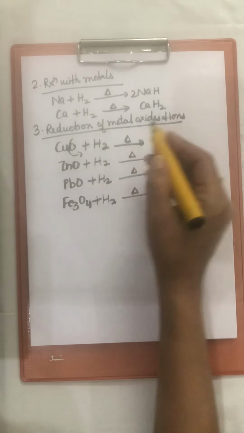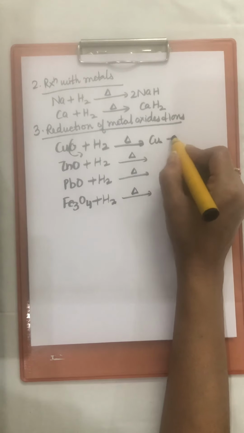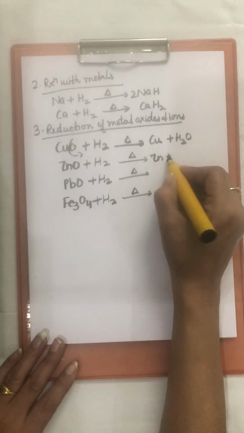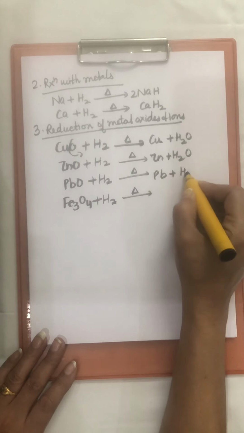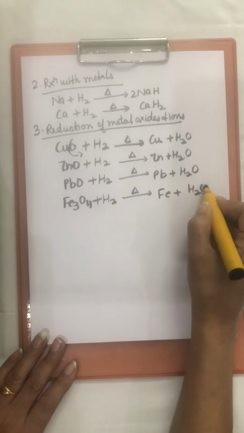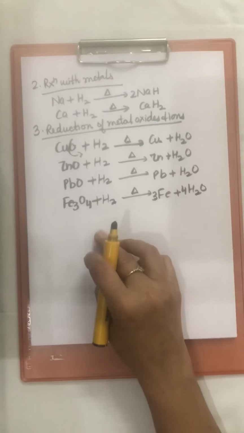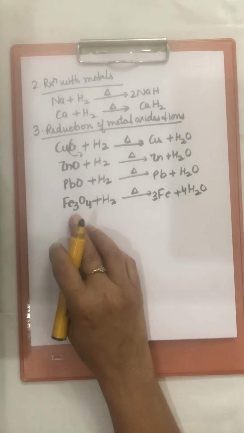So when oxygen is taken out by hydrogen, we get copper and water, zinc and water, in this case lead plus water, in this case iron and water. So in all these examples, hydrogen is doing the reduction of metal oxides.